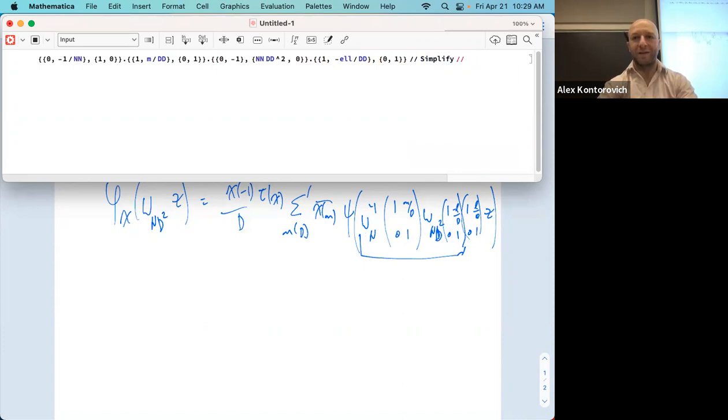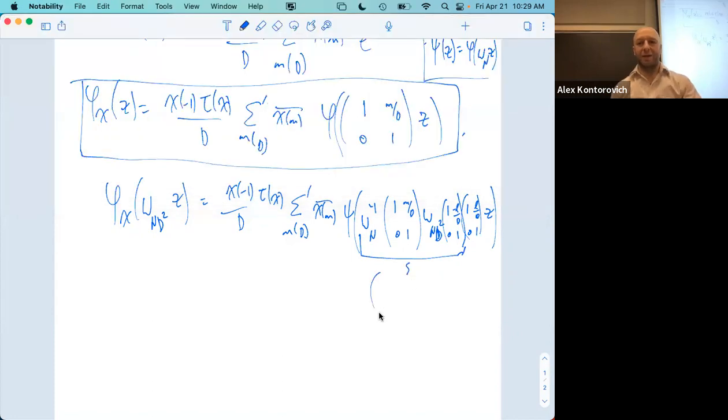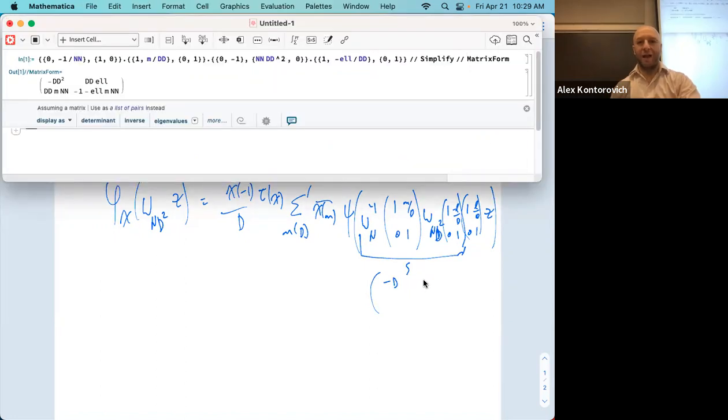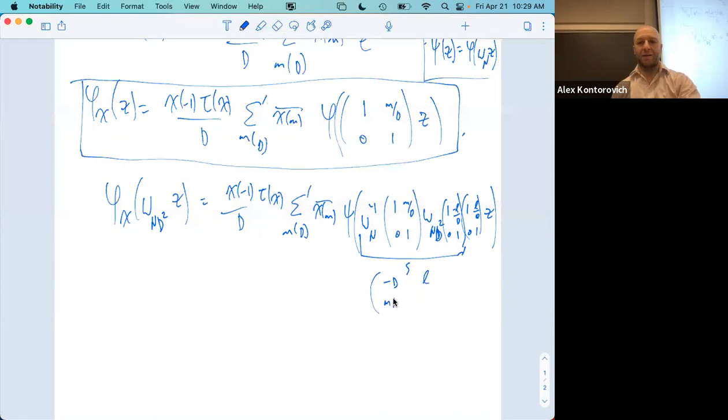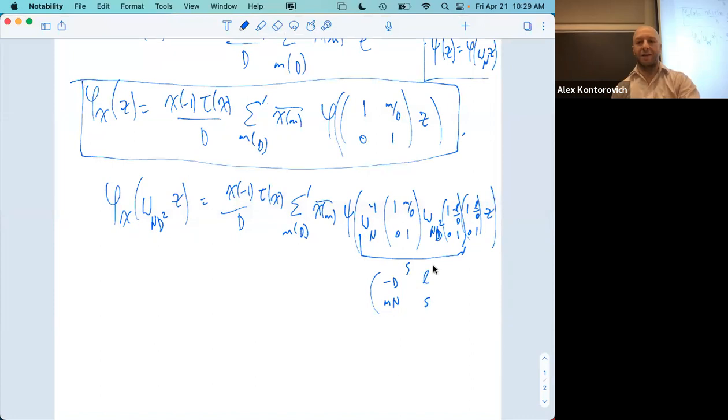Simplify in matrix form. Beautiful. And I can divide this by d. If I divide this by d, I get something similar to this, with negative d l, mn, and this thing, so I'll call that thing s, which determines what l is.